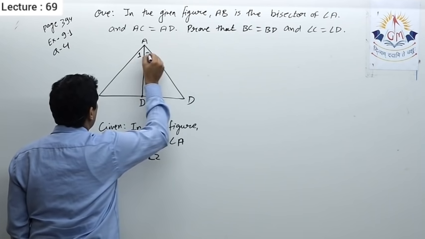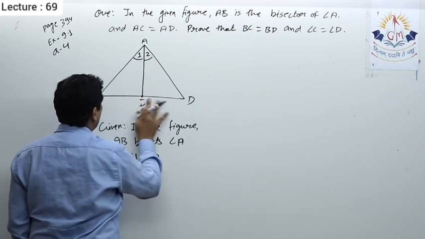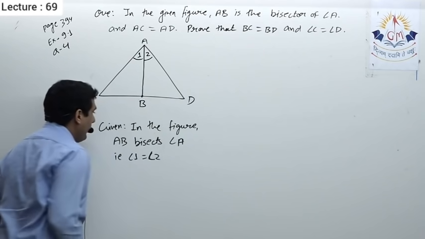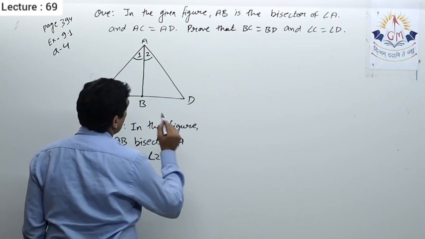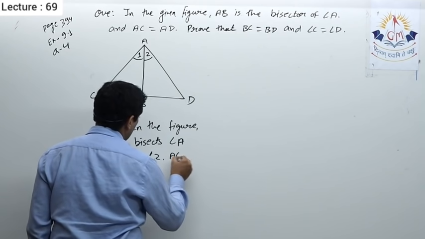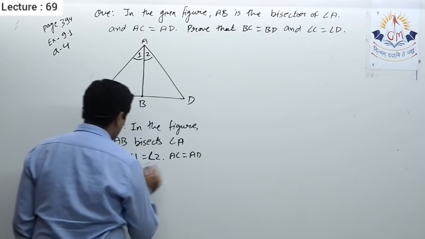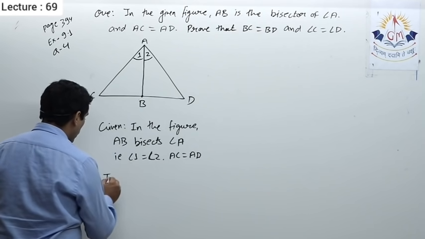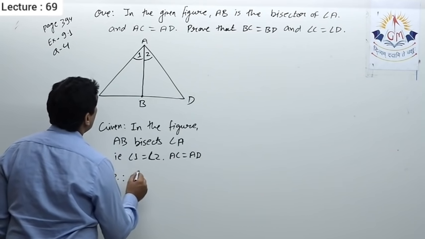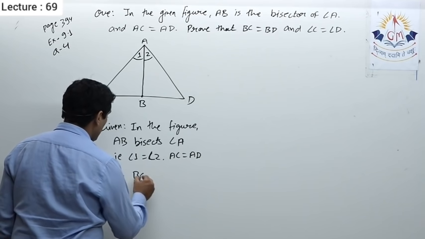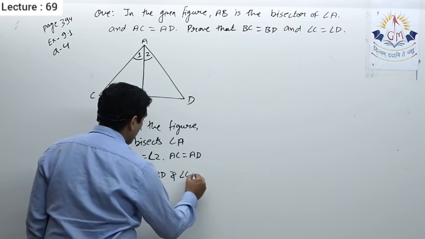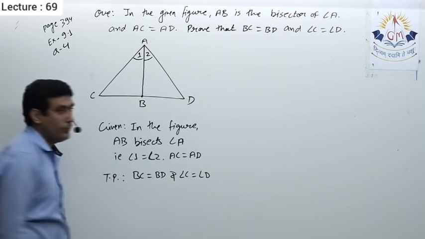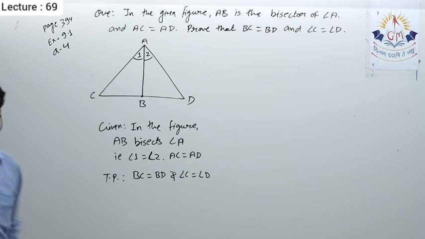Also it is given AC is equal to AD. We have to prove BC is equal to BD and angle C is equal to angle D. So think for a while, then I will give you its solution.